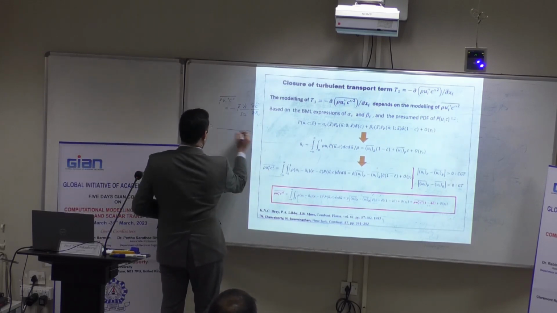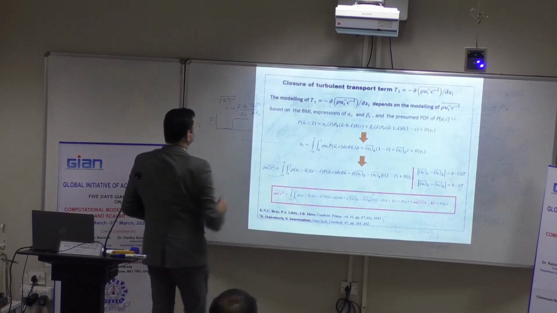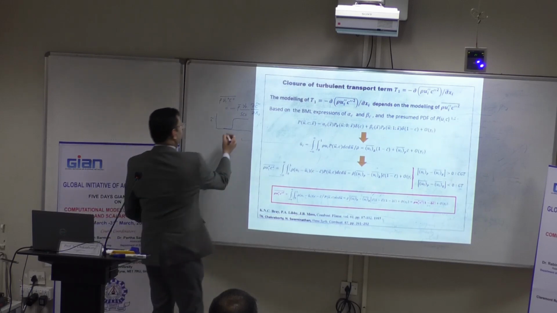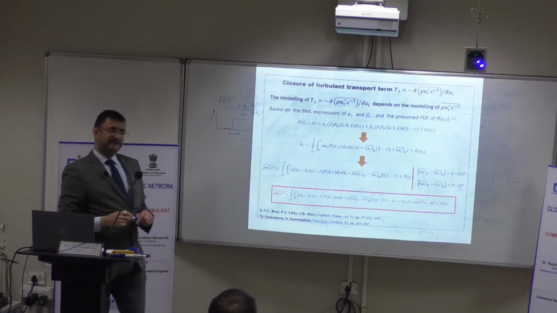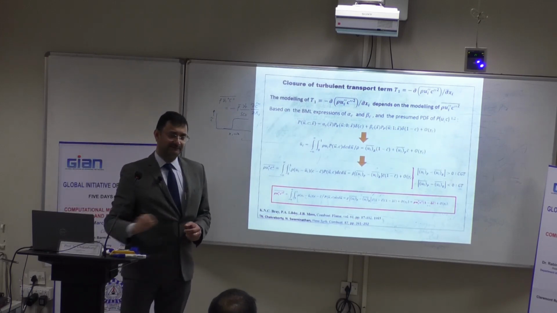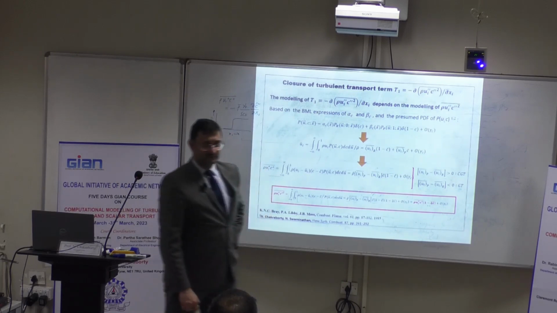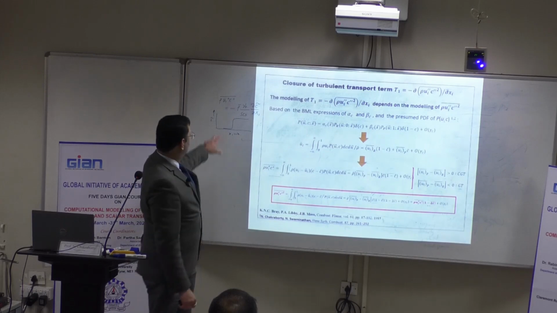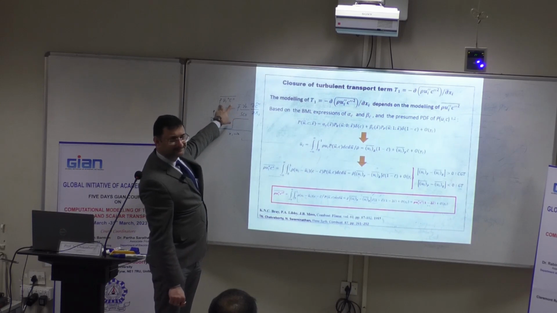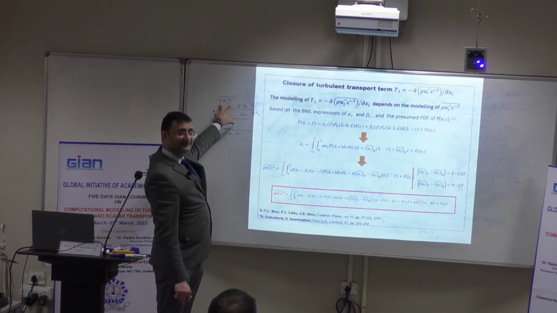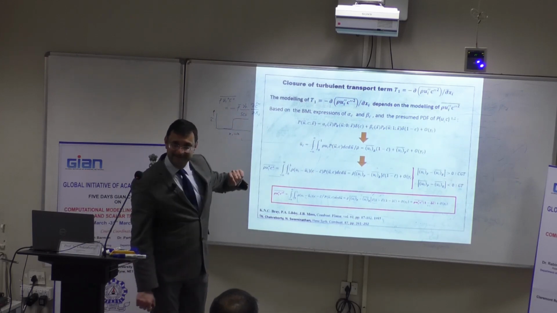If I consider my flame is such that this is my C tilde profile, what can you infer about del C tilde del x one, positive or negative? Positive, right? So then what will be the value for this one? Is it going to be positive or negative? Negative, right? Because eddy viscosity cannot be negative. Clear?